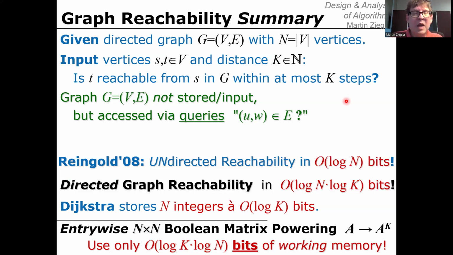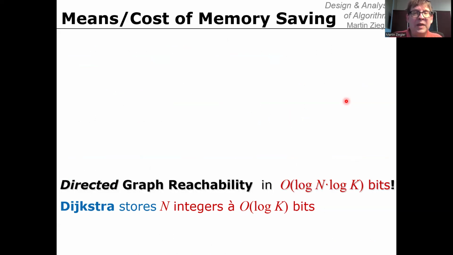Now let's look back at the cost that comes with our memory efficient algorithms compared to, for example, Dijkstra, right? So our algorithms use much less memory, but this memory saving comes at a cost, namely a drastic increase in running time.